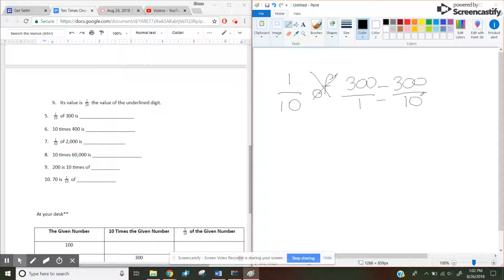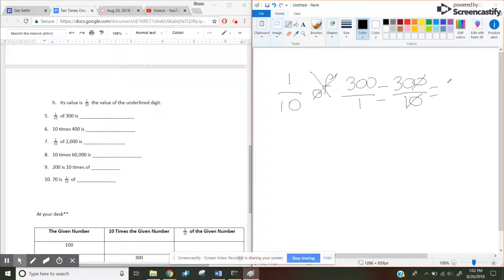This one has a little trick to it, which will make it easier. The 10 in the denominator has one 0, so I'm going to cross out that 0. I only cross out one 0 because that's the only 0 I have in the denominator. I cross off one down here, so I'm going to cross off one up here.